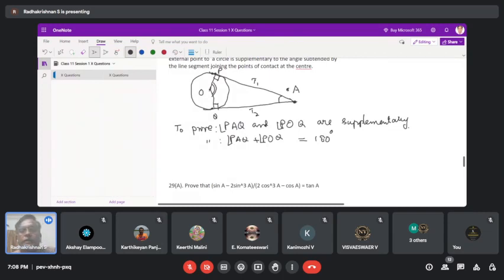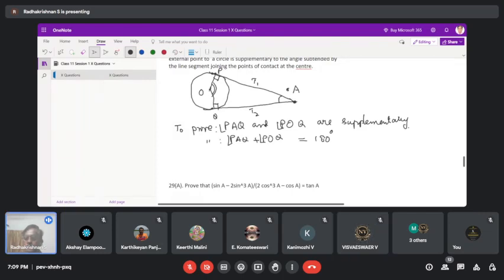Okay, let us take that quadrilateral APOQ. In the quadrilateral, what is the total of all the inside angles of a quadrilateral? Sir, 360 degrees.